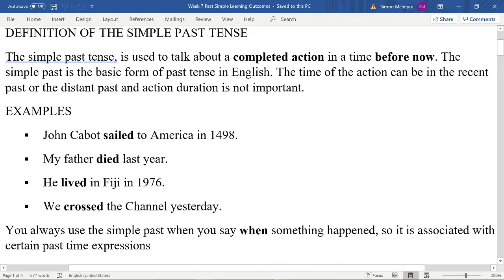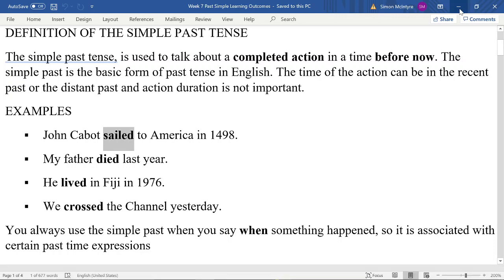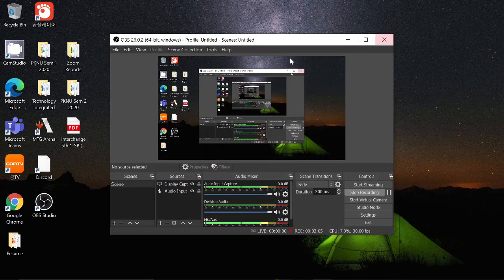So I've got some examples here. John sailed to America. My father died. He lived. We crossed. Now these are all regular verbs in English. Now probably one of the most difficult things about past simple is regular and irregular verbs. Now if you have a look on Google, it's very simple to find.